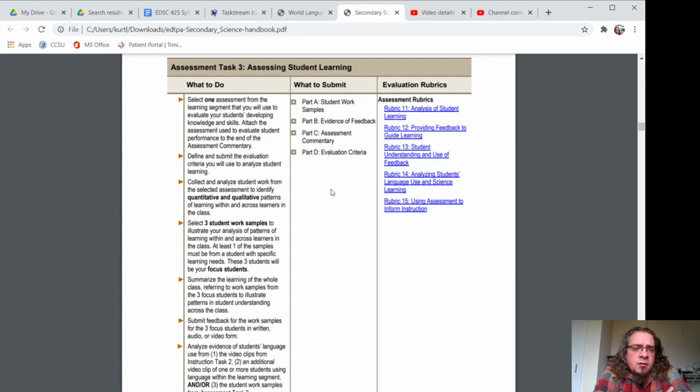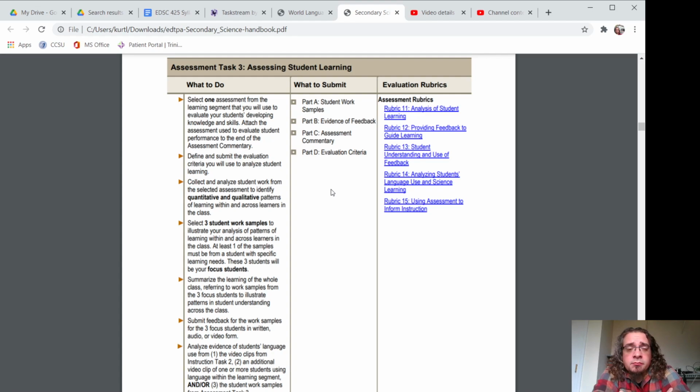Next one: select 3 student work samples to illustrate your analysis of patterns of learning within and across learners in the class. At least one of the samples must be from a student with specific learning needs. These 3 students will be your focus students.